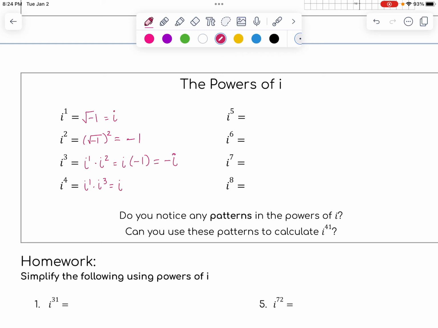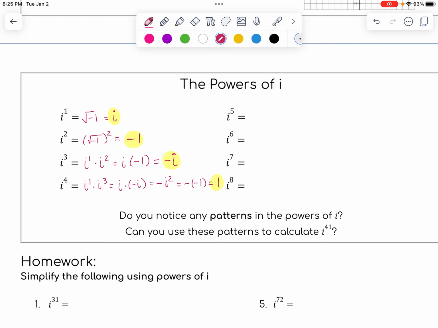Okay, so that's i times negative i, or negative i squared. But we did just learn that i squared is negative 1, so that would be negative negative 1, which is positive 1. So really, these first four powers: i to the first equals i, i squared equals negative 1, i cubed equals negative i, and i to the fourth equals positive 1.